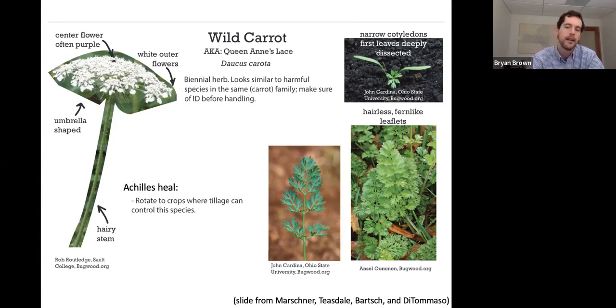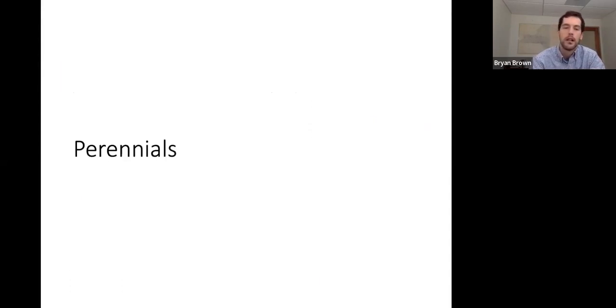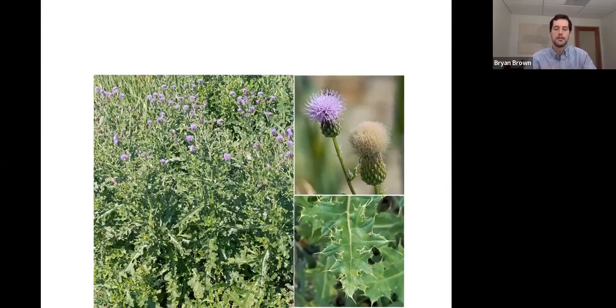And again, you never see it in annual crops or where tillage is used. Okay, perennials. So these are around for many years, and typically they'll develop very extensive root systems that allow them to survive the winter. And they put a lot of energy reserves into those roots.